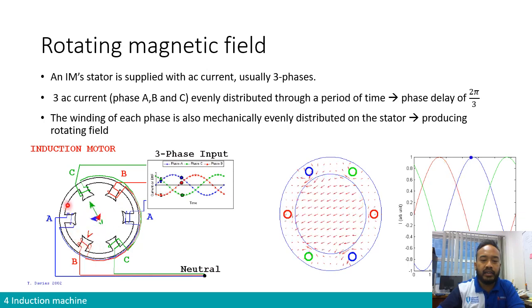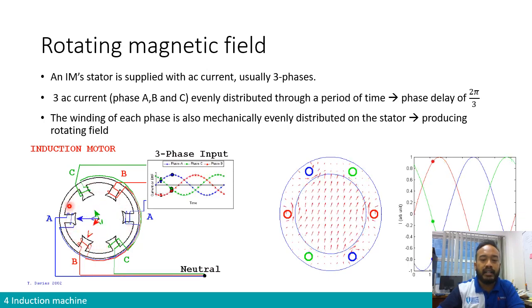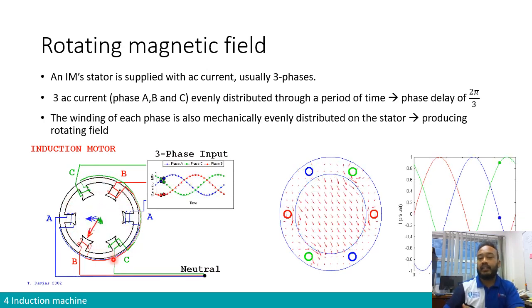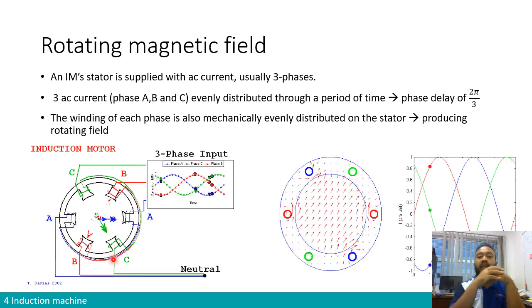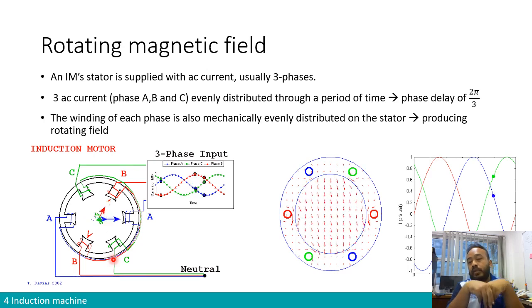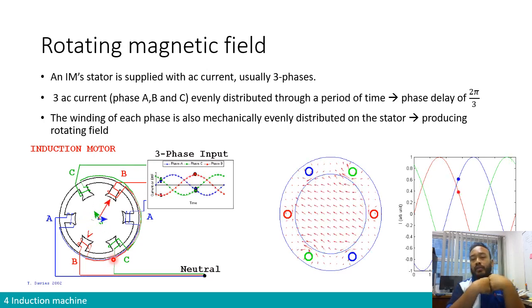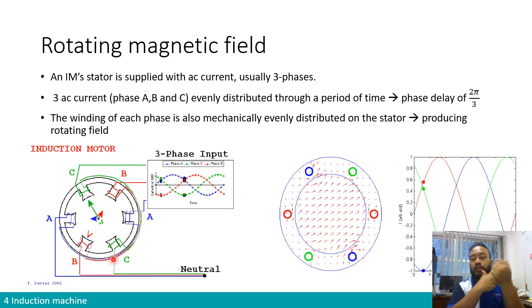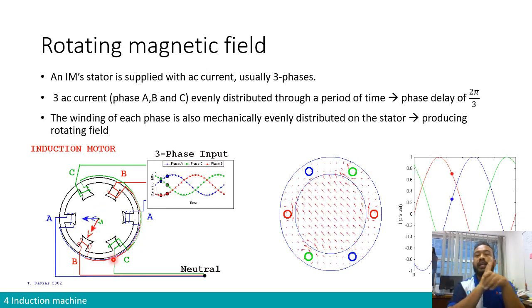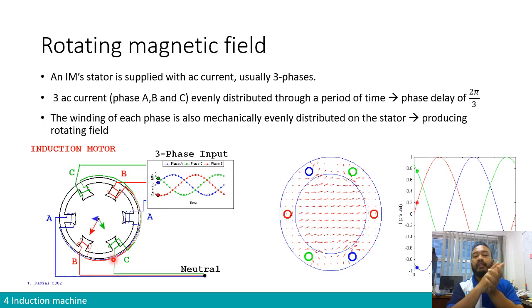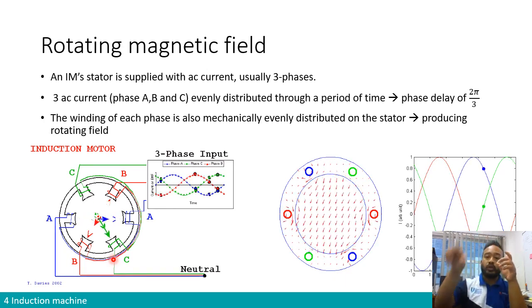So when we sum up the current vectors, it creates one equivalent current that is rotating. Therefore, it is also going to produce a magnetic field. You know that when you have current, then you have a magnetic field around it. It creates an equivalent magnetic field around that current that is also rotating.